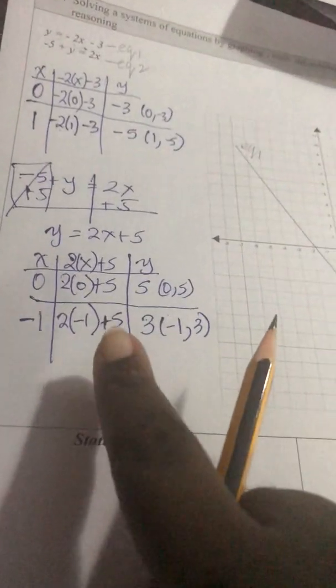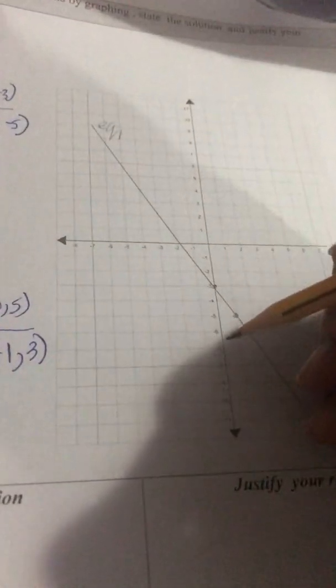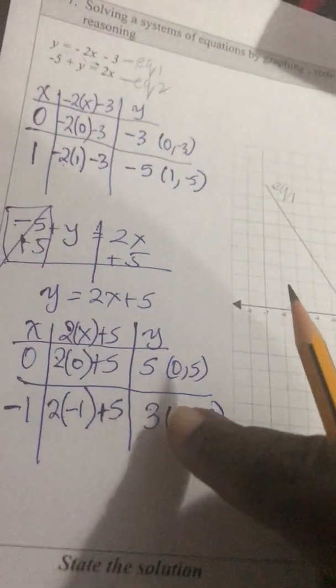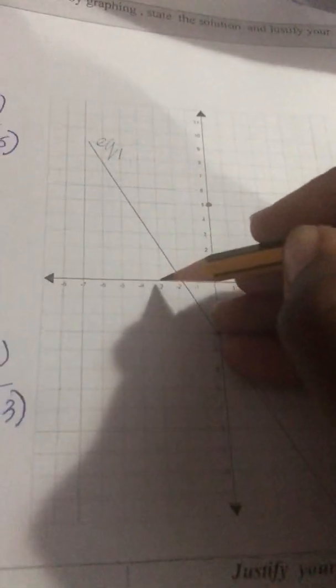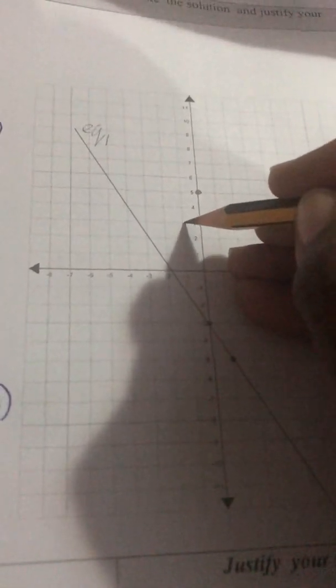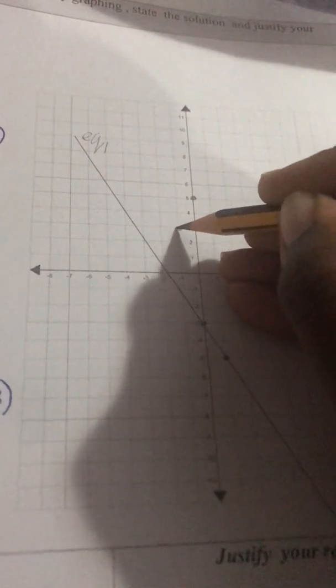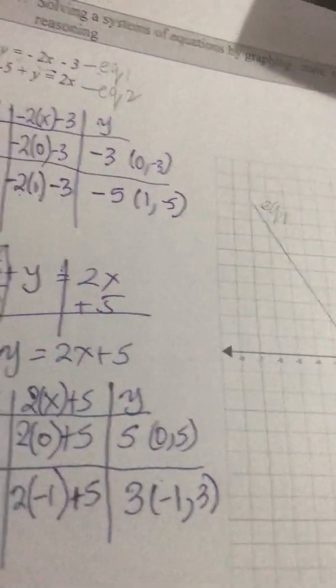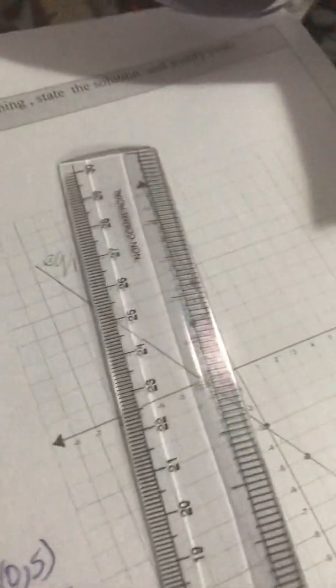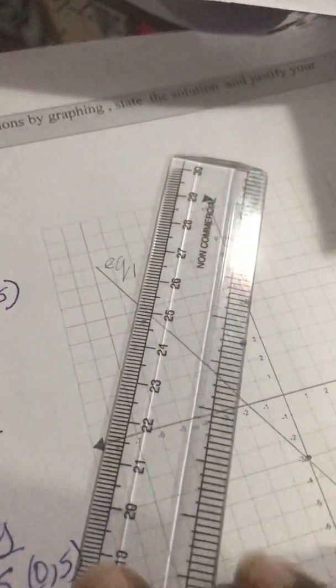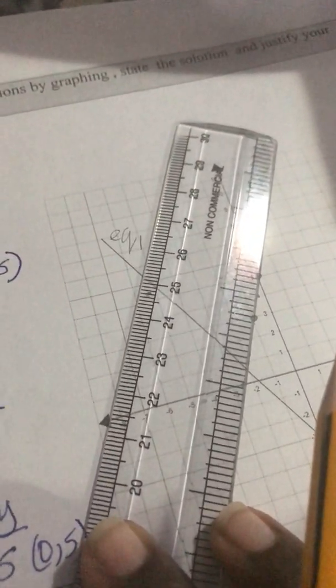Now we want to do equation 2. When x is 0, y is 5. When x is negative 1, y is 3. And then you take your ruler and you join your points. Okay?